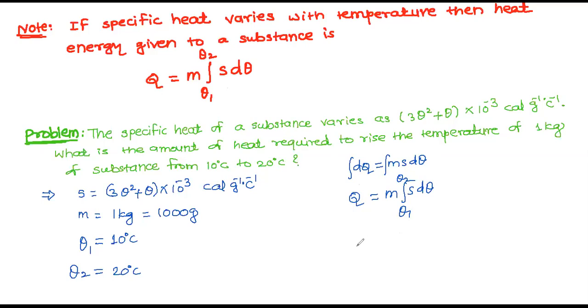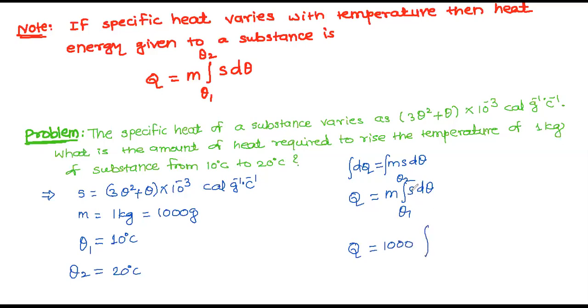So see here, let's substitute those values, because we want to find the amount of heat required. So Q we have to find. Let's substitute now. Q is equal to m, which is how much? 1000.